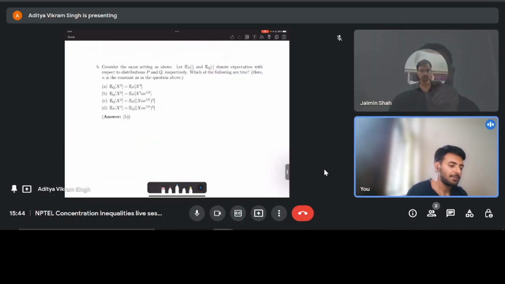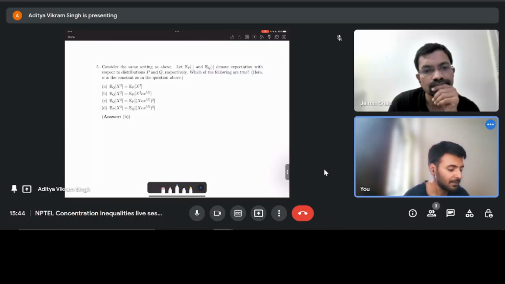And this is why this Radon Nikodym derivative is useful. So same setting as above, EP and EQ denote expectation with respect to P and Q respectively. Which of the following are true? So Q and P are different distributions, but the only thing we know is that Qx by Px is alpha e power 5x.